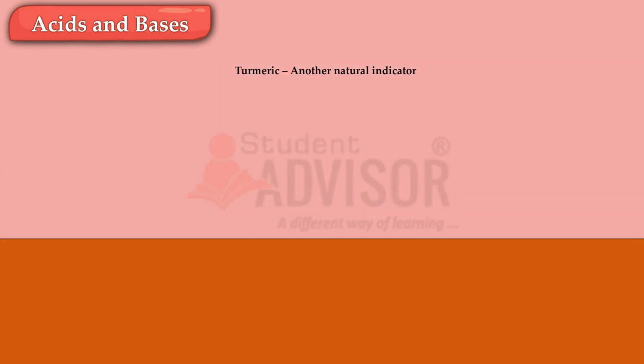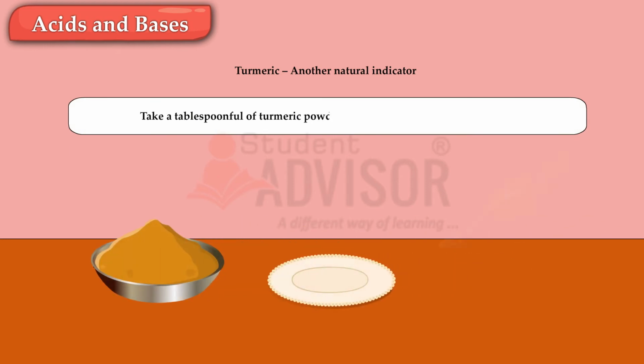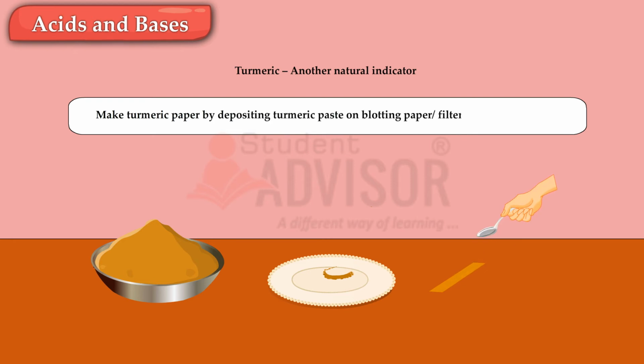Activity. Take a tablespoon full of turmeric powder. Add a little water and make a paste. Make turmeric paper by depositing turmeric paste on blotting paper or filter paper and dry it.